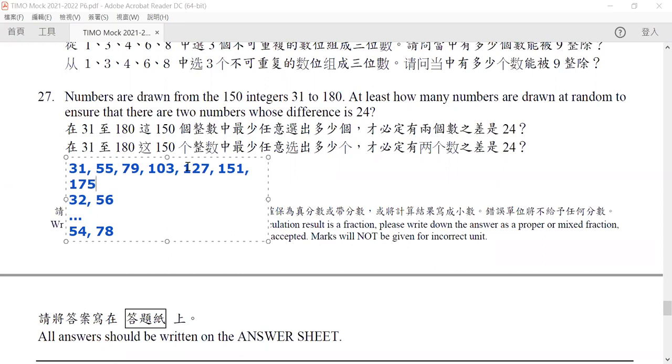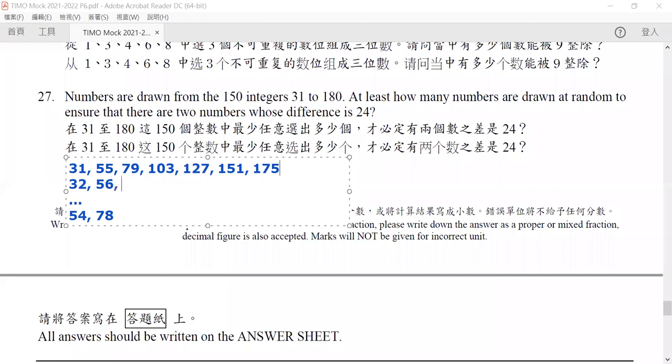Now you can do exactly the same thing over and over. So it will be 128 and then 152 and then 176 and so on and so forth, until the last one, which is 102.